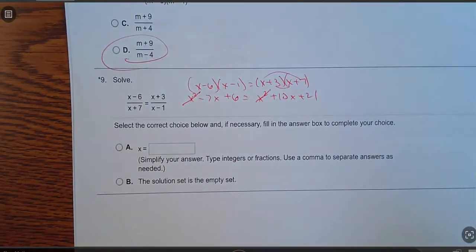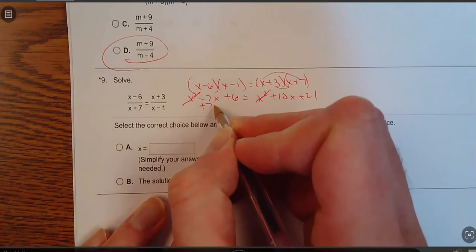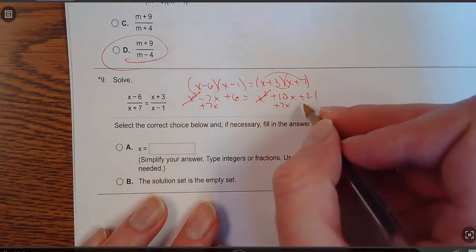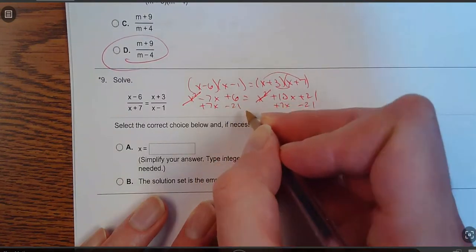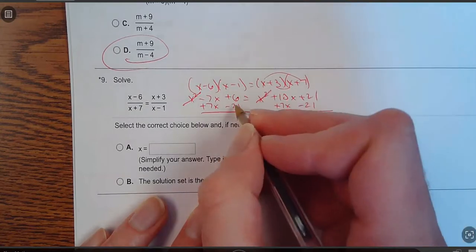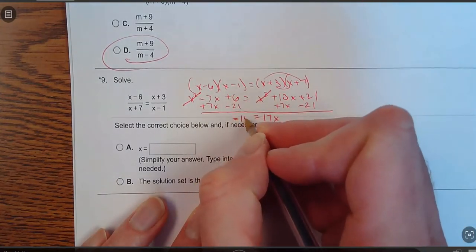So I'm going to subtract x squared from both sides. I'm just thinking about how much room I have here. So I'm going to add 7x, so plus 7x plus 7x. Since I brought the 7x to the right side, I'm going to bring the 21 to the left side. So this equals 17x, and on this side, I got 6 minus 21, which is negative 15.